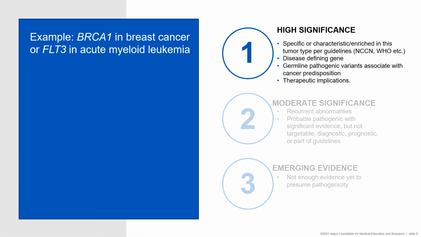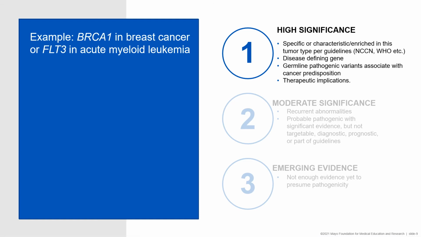A high significance gene is a gene with specific or characteristically enriched within a tumor type per guideline. So these are genes that are included in WHO and NCCN guidelines, ESMO. Often these are disease-defining genes.